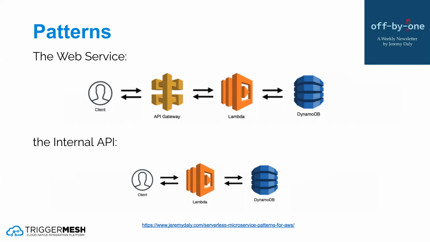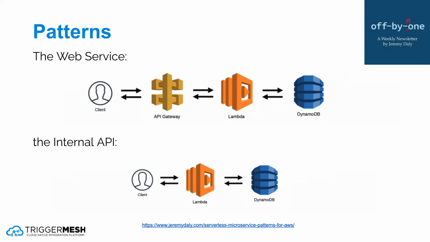The first one, the one that generated a lot of adoption of Lambda, is the web service pattern. So what's the web service pattern? Your users call your API through the AWS API gateway. In Kubernetes land, that could be an ingress controller, or a Kong ingress, something like this.